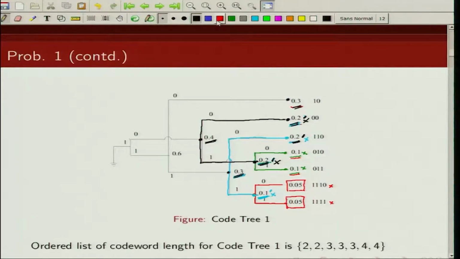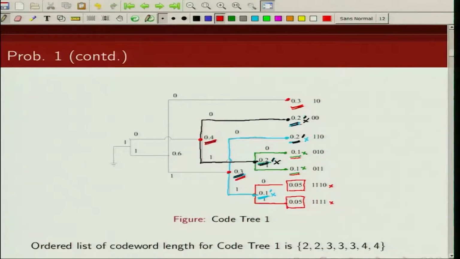Now at this point, these 3 are my active nodes. So I have this node with probability 0.3, this node with probability 0.3, and this node with probability 0.4.